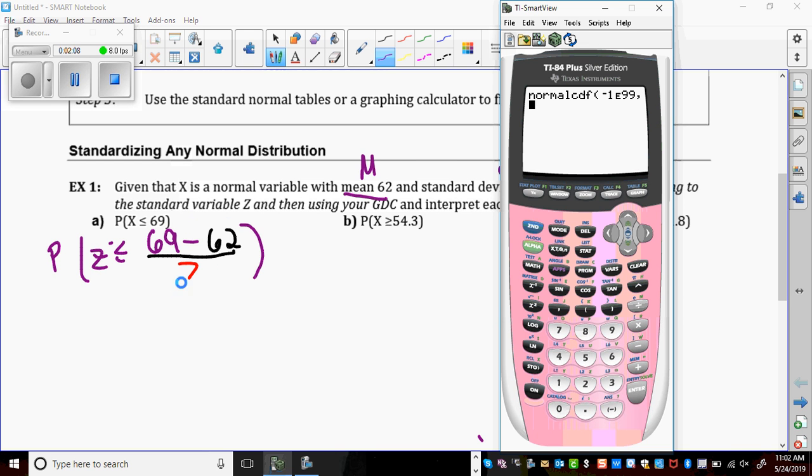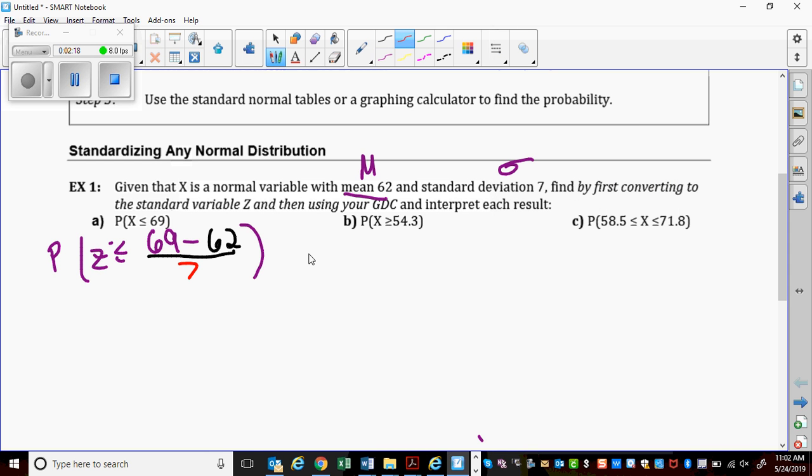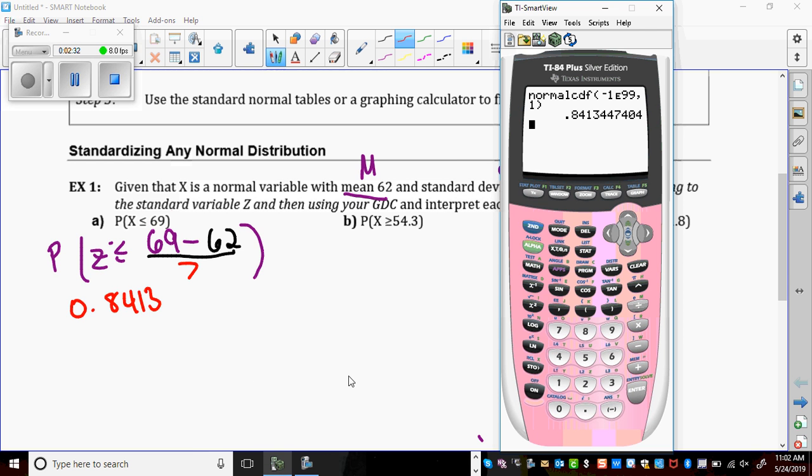And when you put this in your calculator, 69 minus 62 is 7, divided by 7 is 1. So we're going to go to 1, and then I'm going to close my parentheses, and my probability is 0.8413.